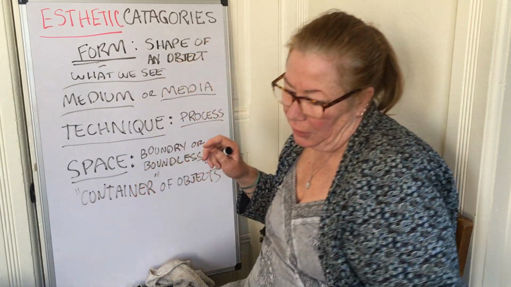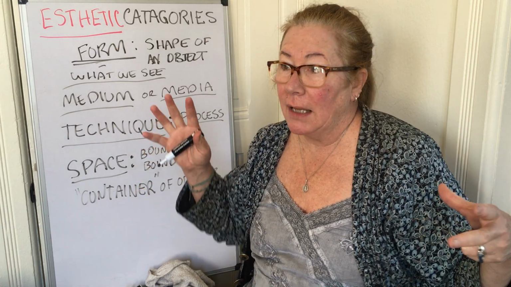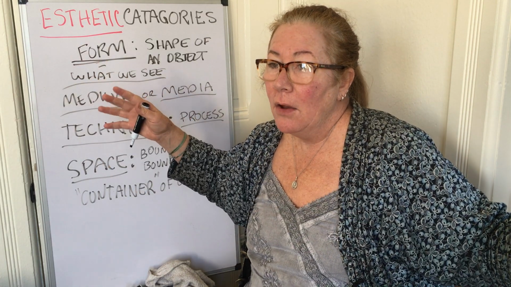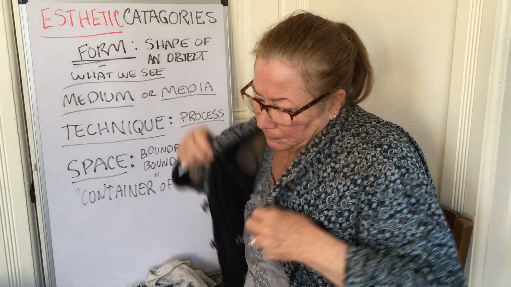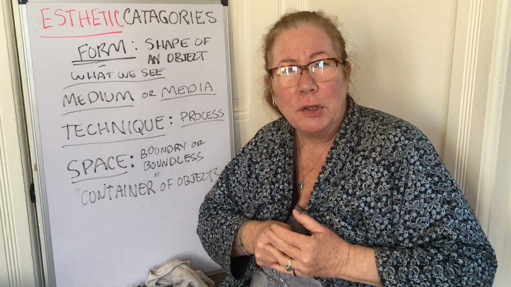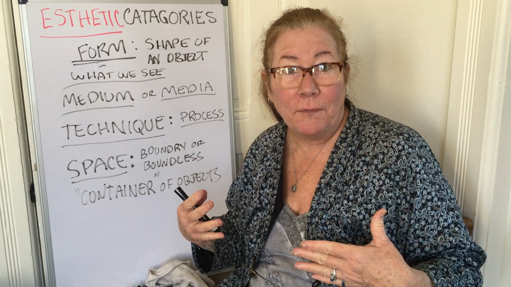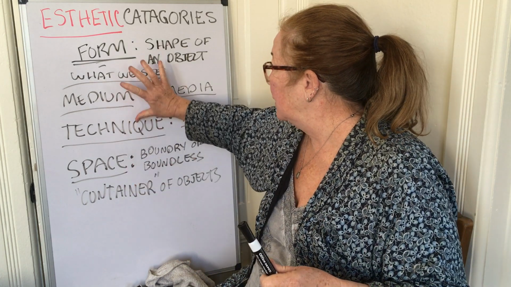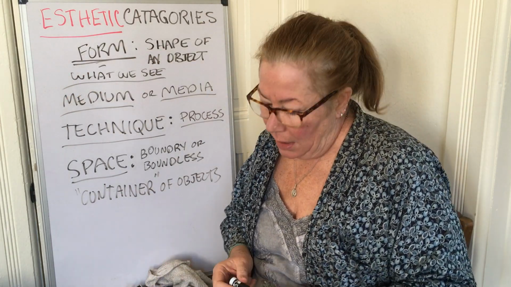So in architecture, we see an obvious manipulation of space, right? Because we've got a building with a shell that encloses space inside of it. In painting, we see more of an illusion of three-dimensional space on a two-dimensional surface, right? Because we know a painting is flat, and it only has this much space, or whatever space is there.